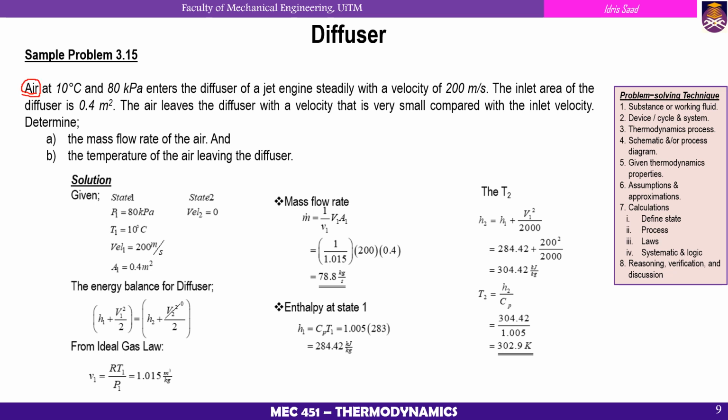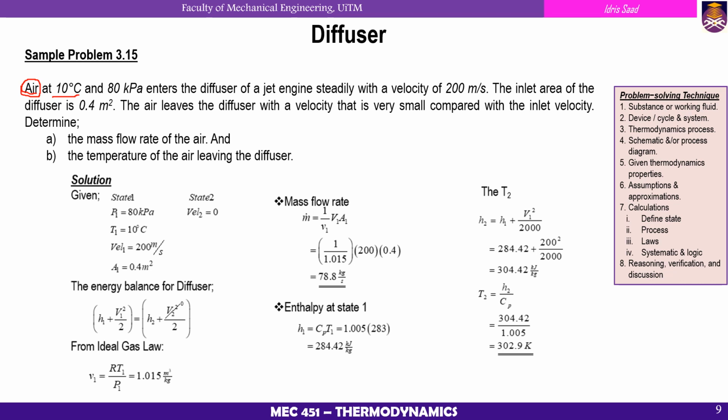Please do remember, in order to determine the properties of air, we can use the ideal gas law, which is PV equal to mRT, as well as the relationship of the ideal gas between state 1 and state 2 based on the process. Okay, air at 10 degrees Celsius, the temperature is 10 degrees Celsius.